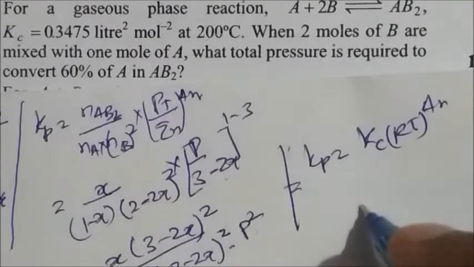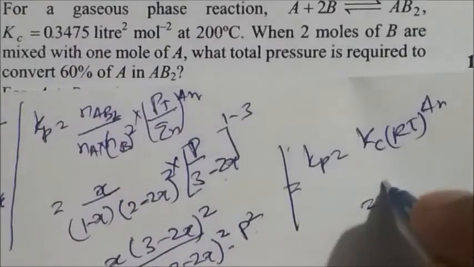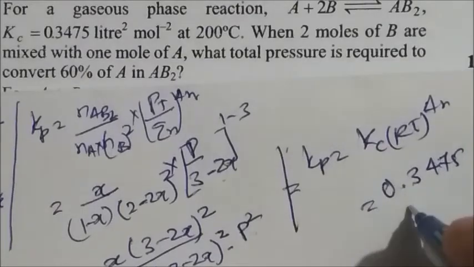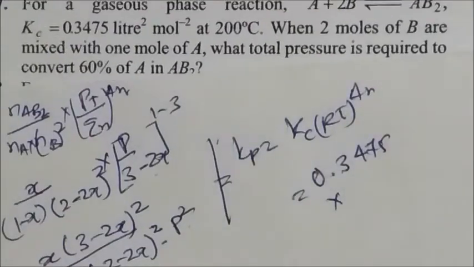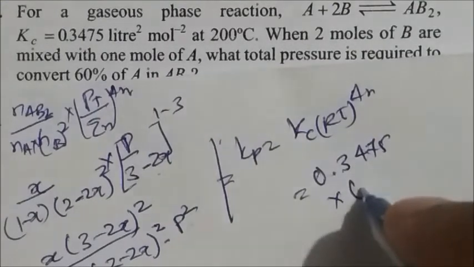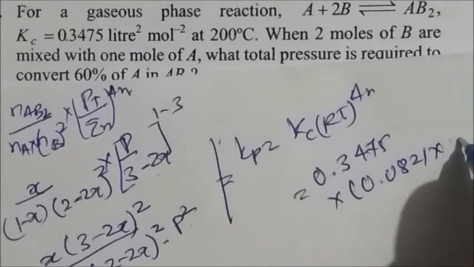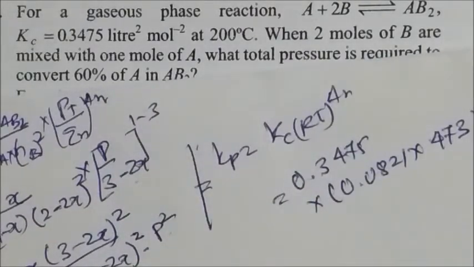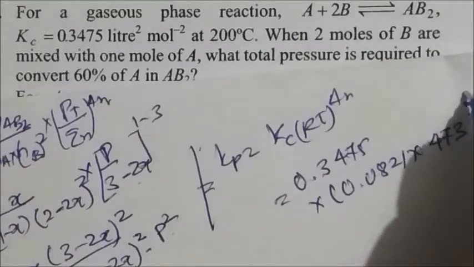So we know Kc is given here as 0.3475, so we can write Kc, 0.3475, multiplied by the RT value, which is given as 0.0821 multiplied by 473 Kelvin, and the power is given here already as minus 2.